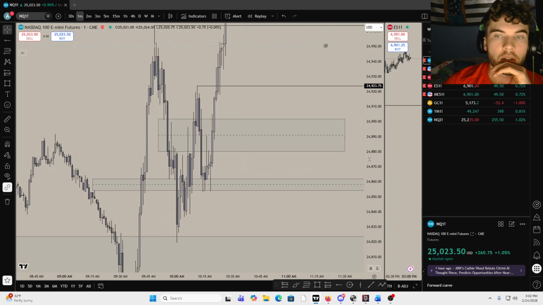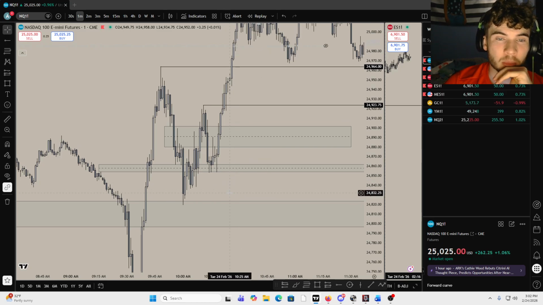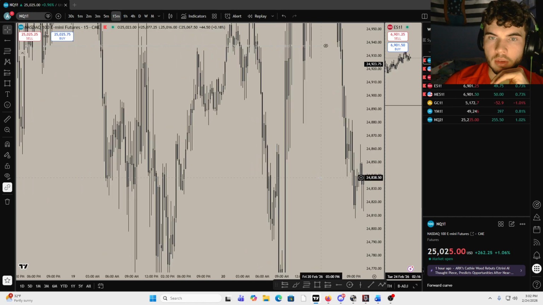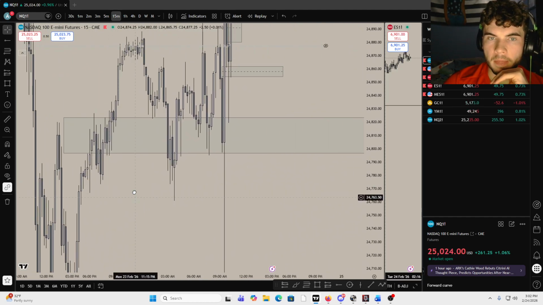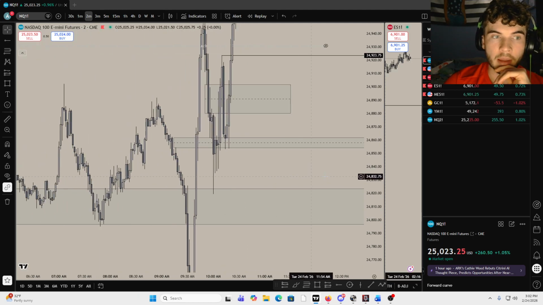As you can see, price is fighting for these higher prices, and it just keeps wicking into this 15-minute gap. This 15-minute gap is holding tremendously. I mean, this wick right here holds tremendously.